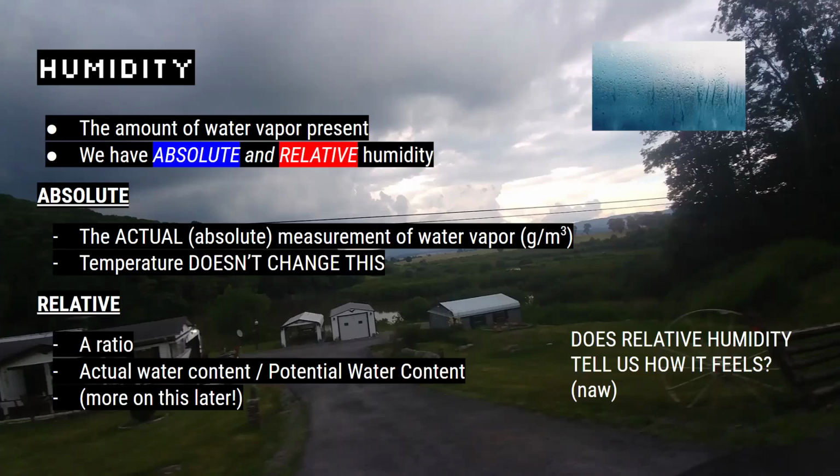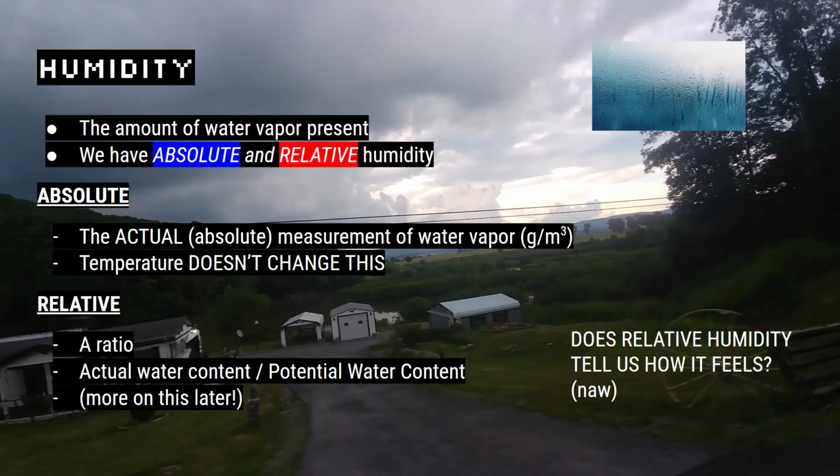Relative humidity is the actual water content divided by the potential. So that's the key thing here. It's not just the actual water content. We're also saying it as a ratio, compared to what it could be. And what it could be depends on what the temperature is.